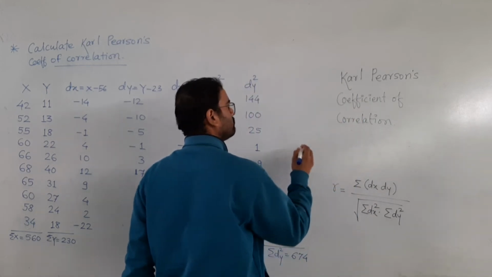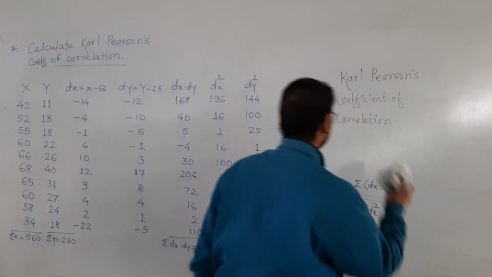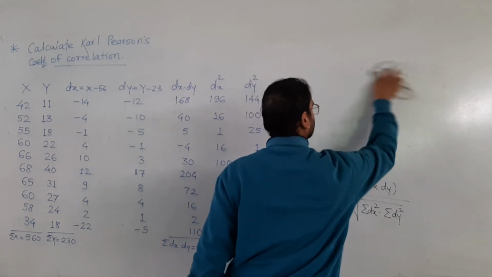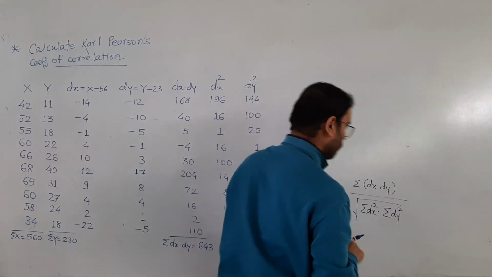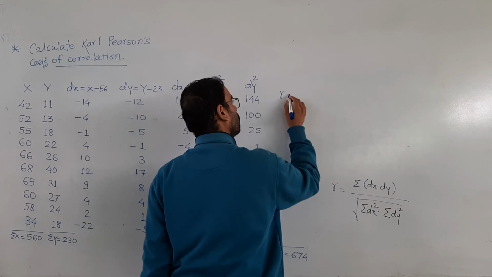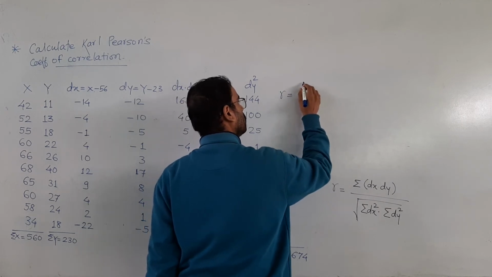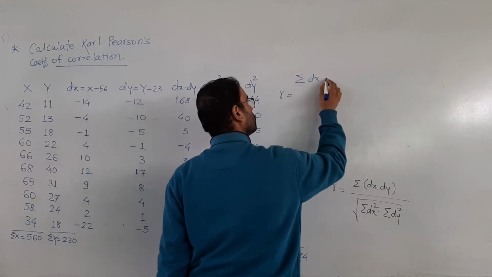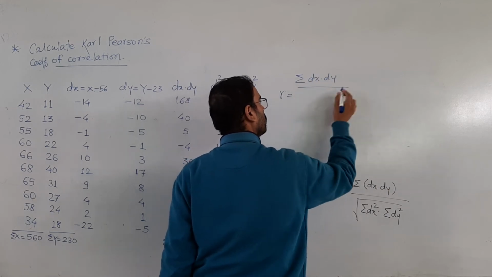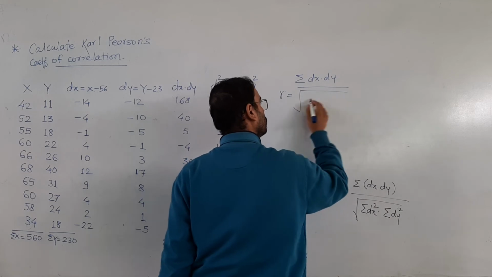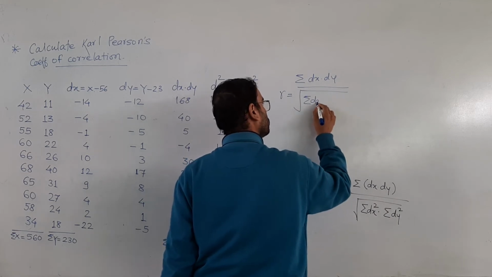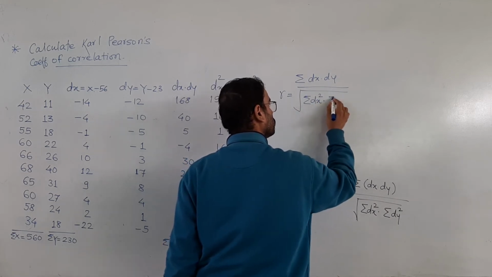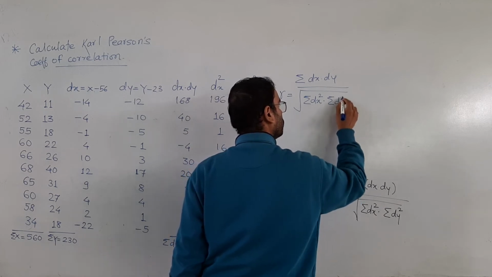What is R? R is summation dx into dy upon under root of summation dx square into summation dy square.